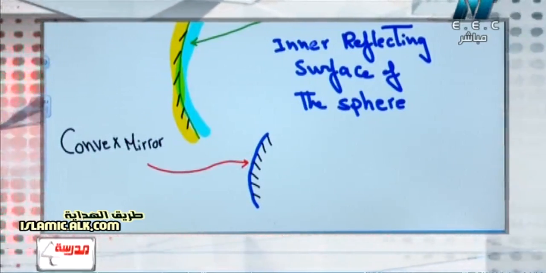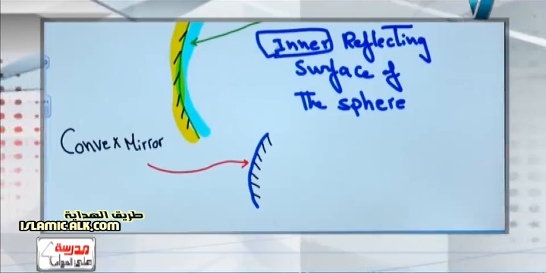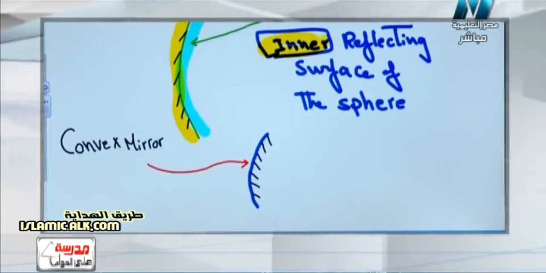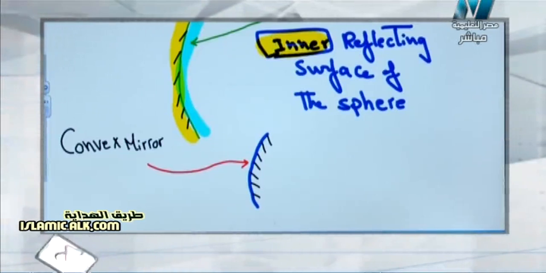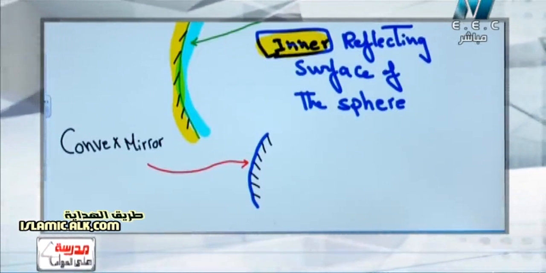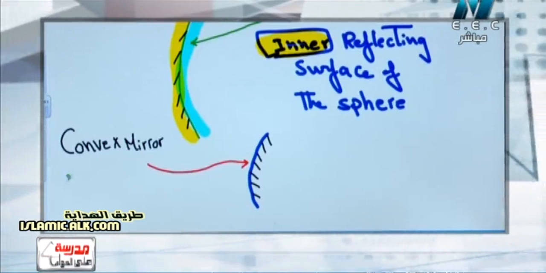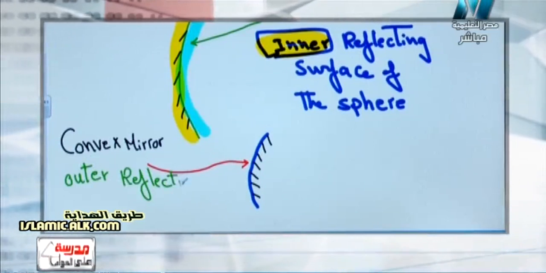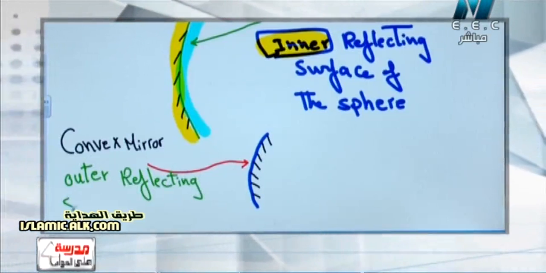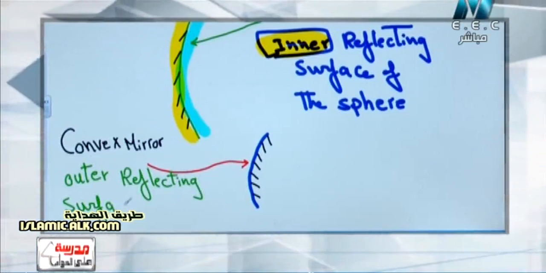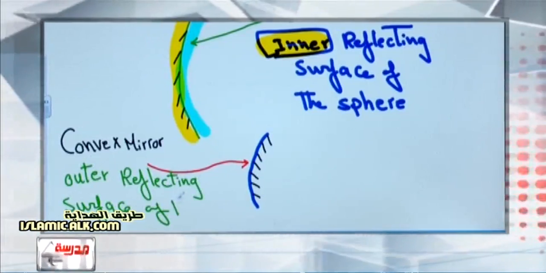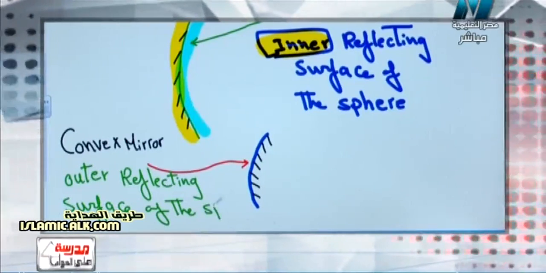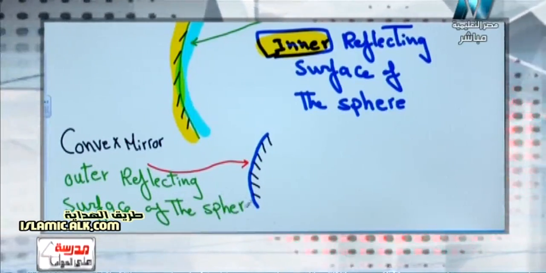Instead of inner, I say the outer surface of the sphere. So inner reflecting surface and the outer reflecting surface of the sphere.